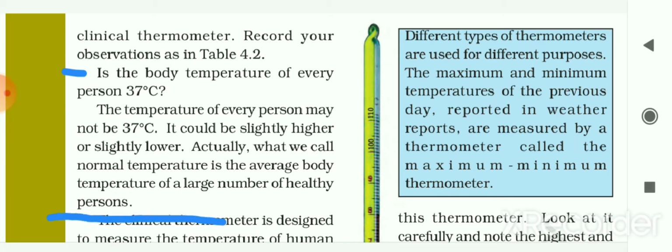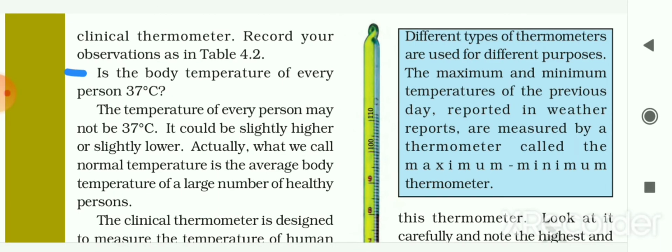The temperature of every person may not be 37 degrees Celsius. It could be slightly higher or slightly lower. Actually, what we call normal temperature is the average body temperature of a large number of healthy persons. So there is a possibility of slight variation in the body temperature of different persons.